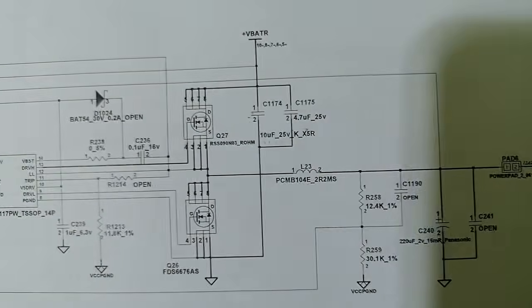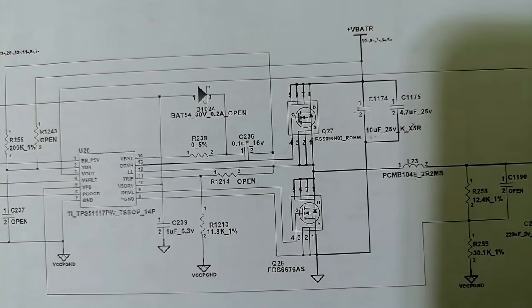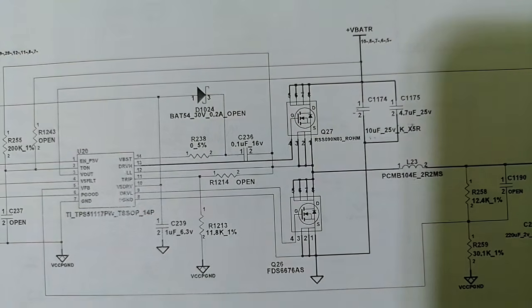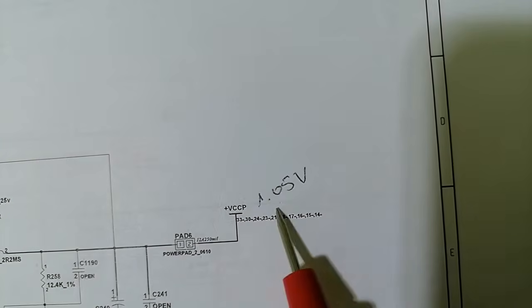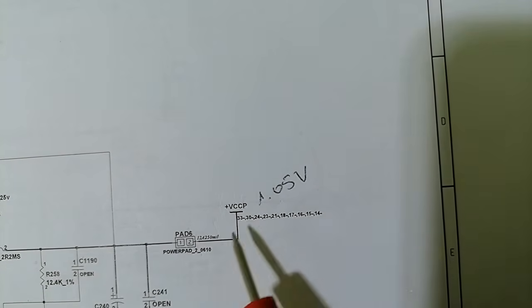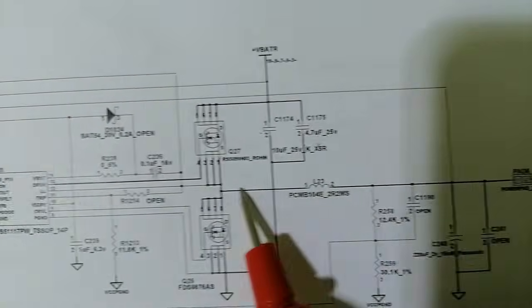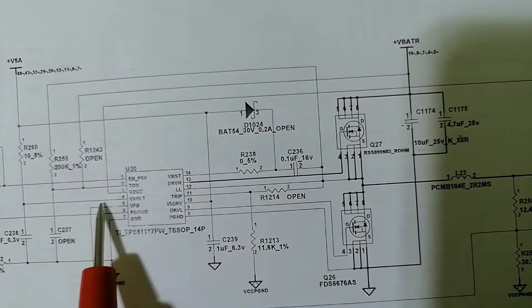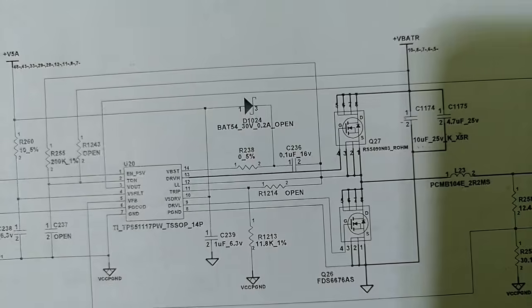So in order to get the output, the IC should receive the inputs first. So if I didn't get 1.05 volt plus VCCP, it doesn't automatically mean the IC is bad. No, you should check the inputs first.